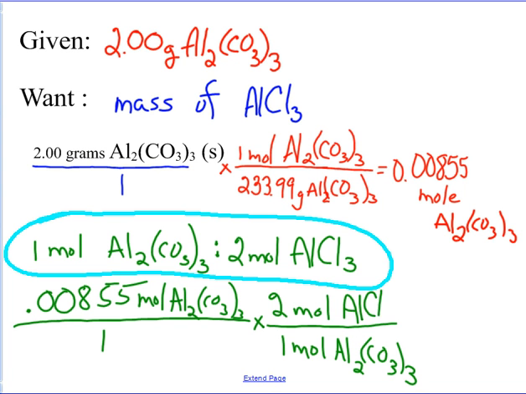We're using the coefficients in the balanced equation to do this calculation. Do the math, and of course you'll have 0.0171, did I do that math correctly, moles of aluminum chloride.